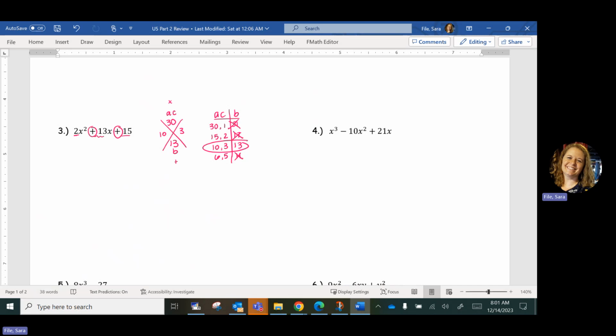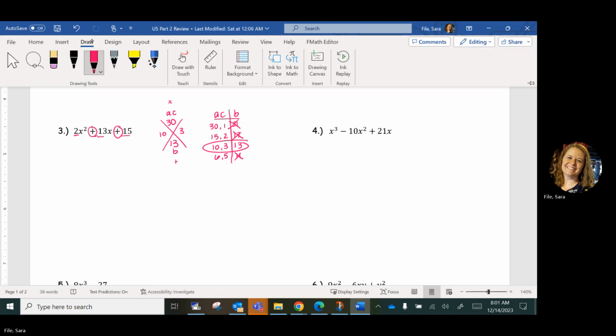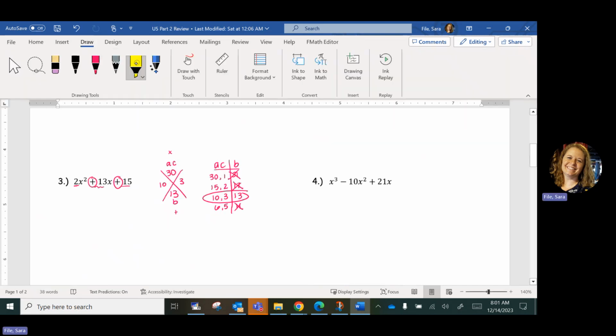Now from here, I can do the box method or I can do the grouping method. I'll show you box. So the box method, once I get these two numbers, I am making the substitution of this B term with, instead of 13, I'm going to use 10 and 3.